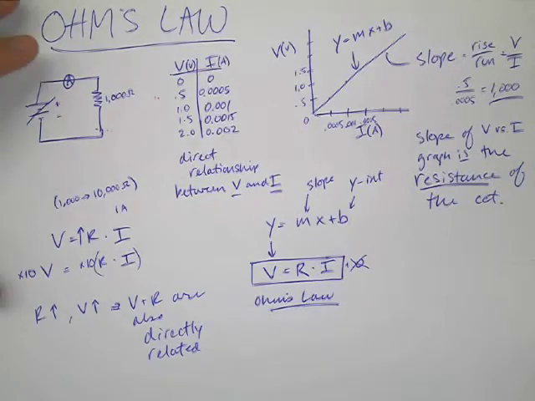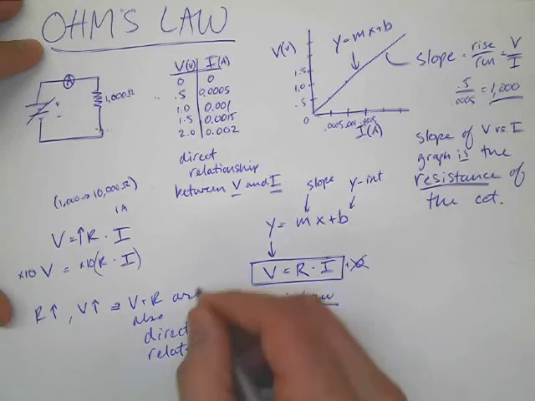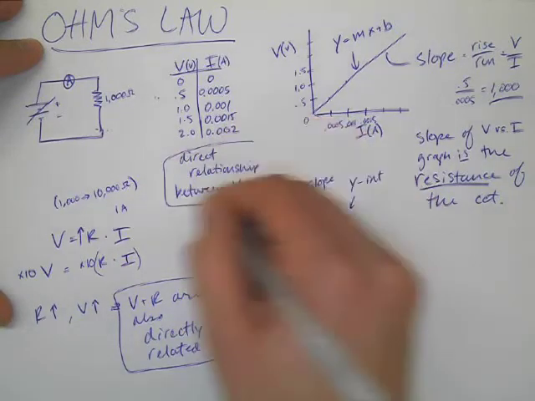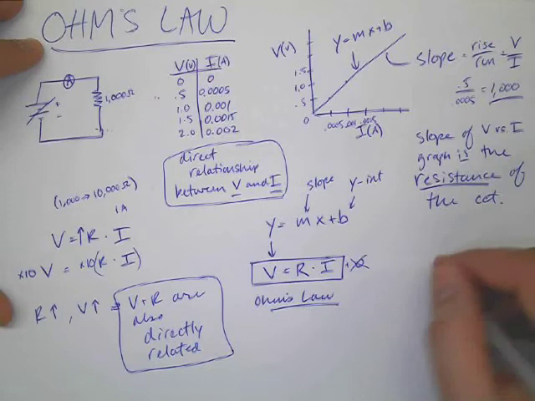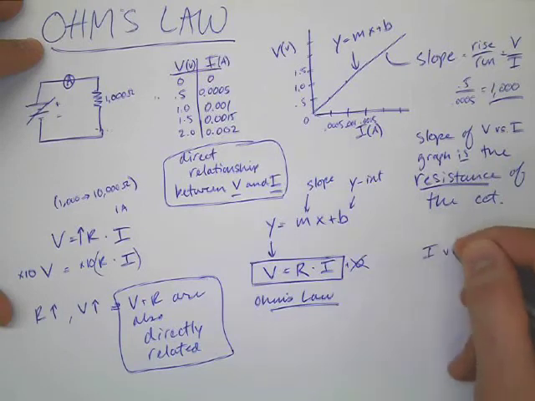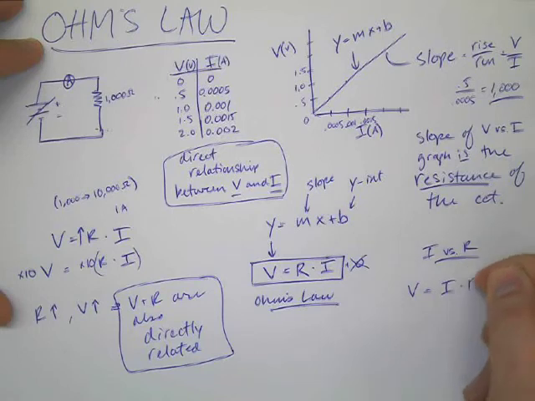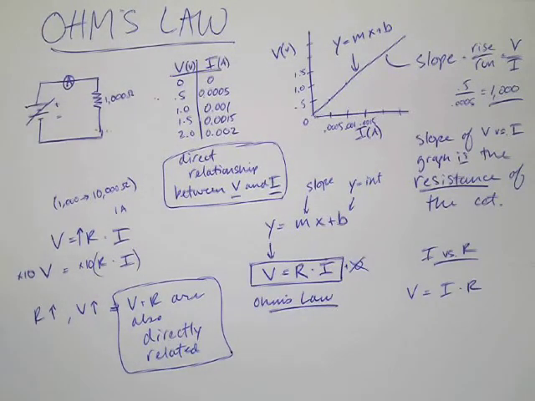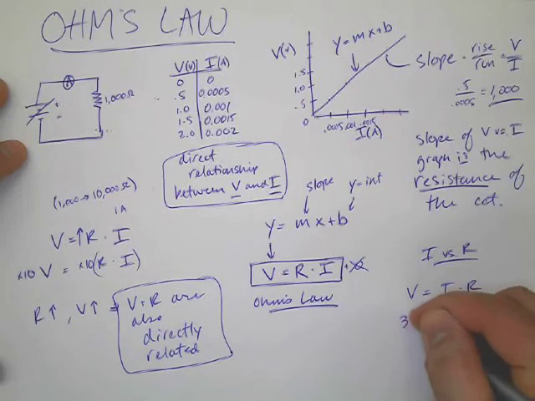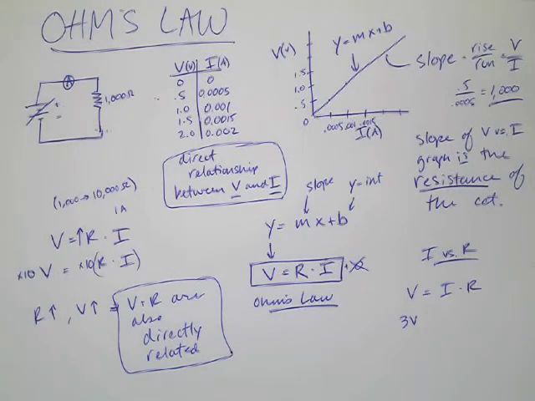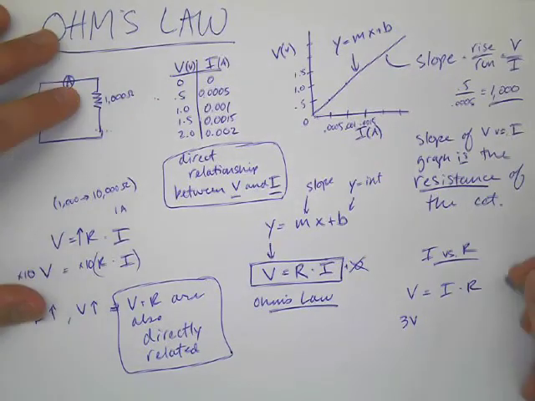Now let's look at the other one. Here's one relationship, here's the other relationship. Let's look at the relationship of I versus R. Again, let's start with Ohm's law. This time, let's say I have a 3-volt battery. To keep this simple, let's say I have a 3 ohm resistor and I go to a 6 ohm resistor.